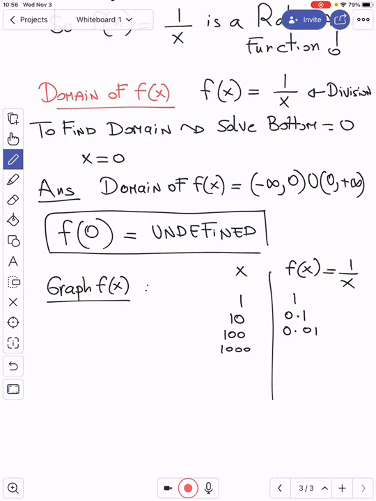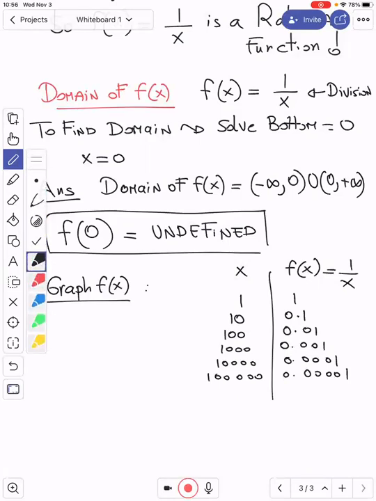X is 1,000, 1 over 1,000, that will be 0.001. 10,000, that will be 0.0001, etc. If you have 100,000, that will be 0.00001, etc. So the idea here, guys, is, as you can see, as x gets large, 10, 100, 1000, 10,000, 100,000, etc., here x is approaching infinity, right?